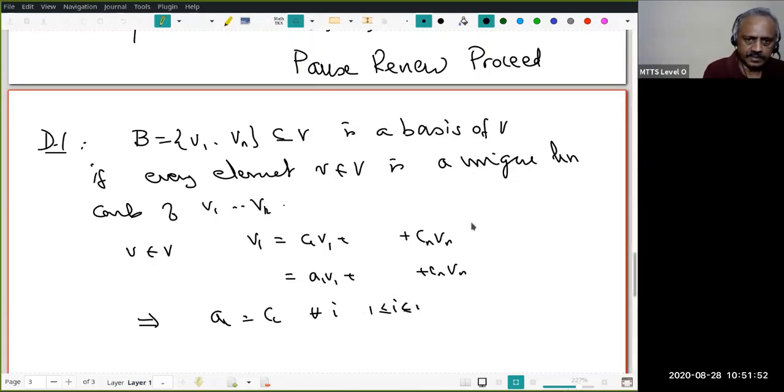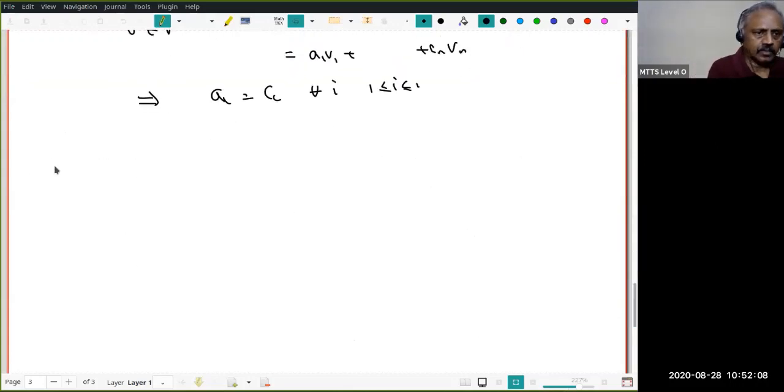Is that clear? So any element is a linear combination of V1 to Vn, and not only that, it is unique. That is, the coefficients in the linear combination are also unique. That's definition 1.